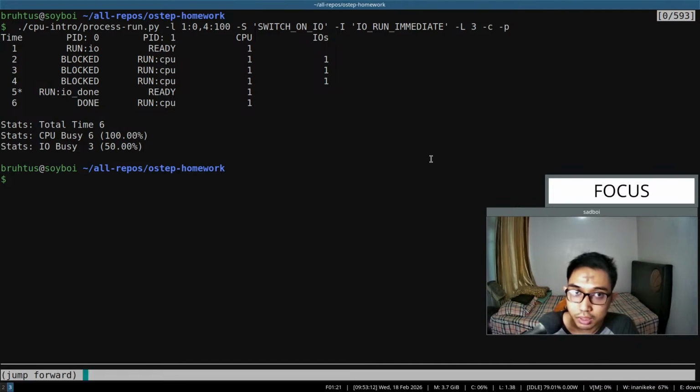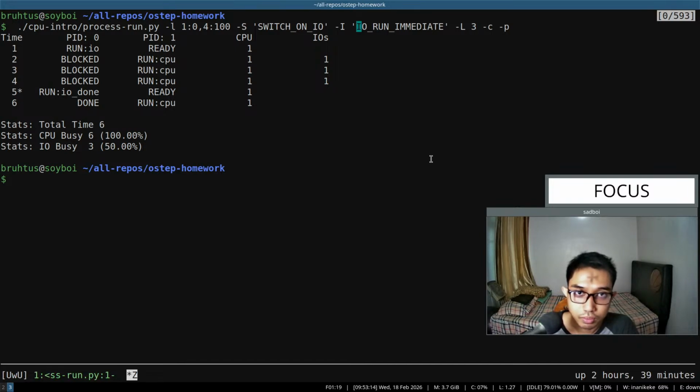So with this input output run immediate, the CPU process changes to the ready state, and then we finish the input output process first. And then when this finishes, we go back to the CPU process.